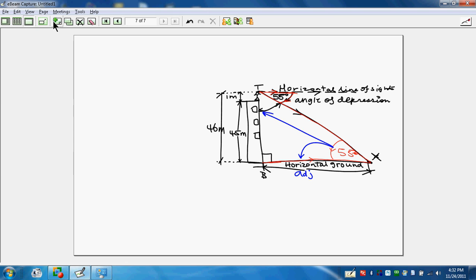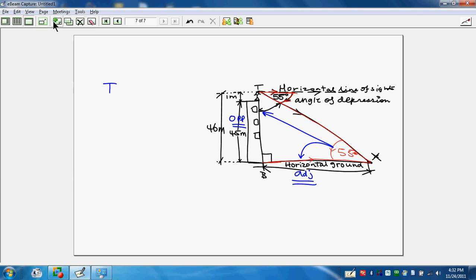So we know TB is 46 meters, which will be our opposite. So TB on this side is opposite in this diagram. So we ask ourselves, what connects what we want to find, which is adjacent, to what we know, which is opposite? And the only trigonometric ratio that connects opposite to adjacent is tangent.